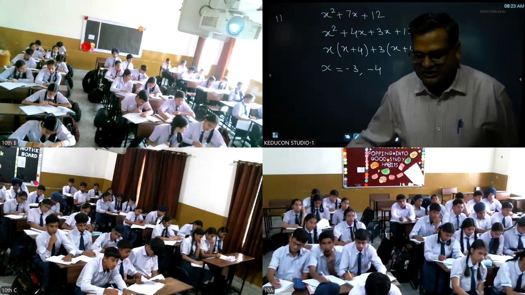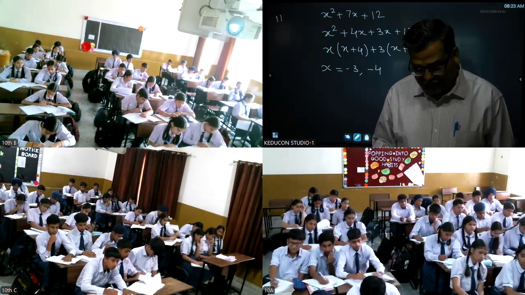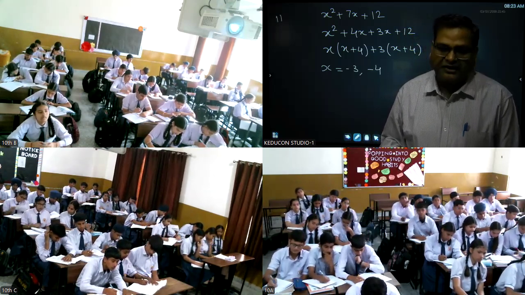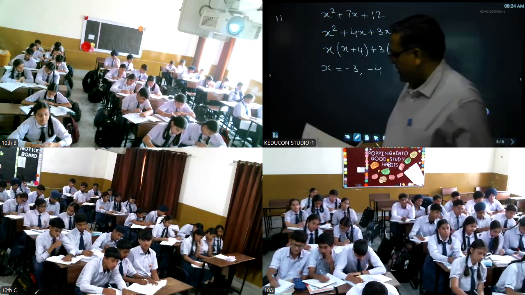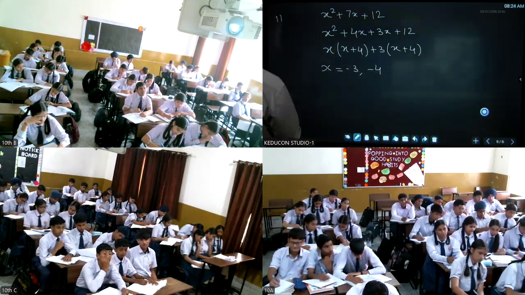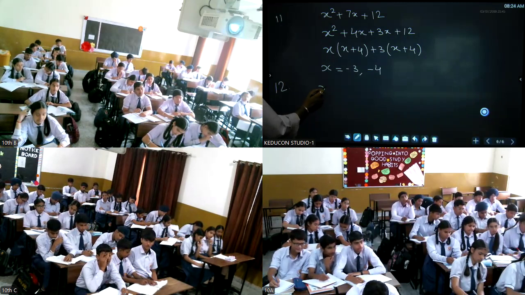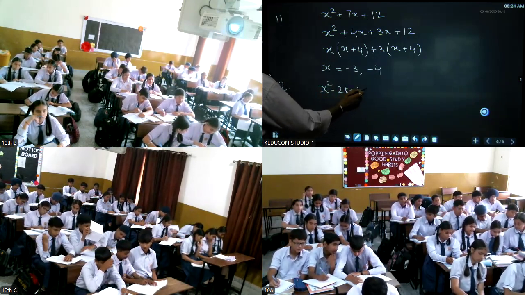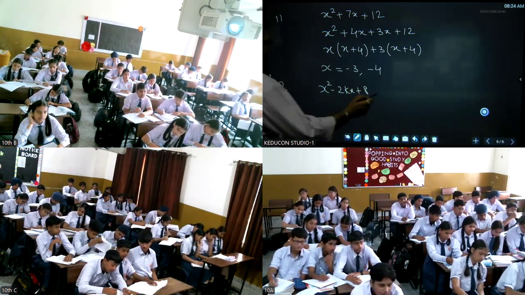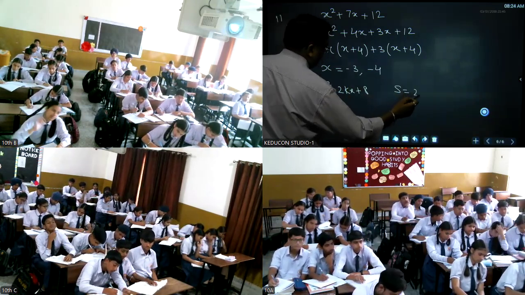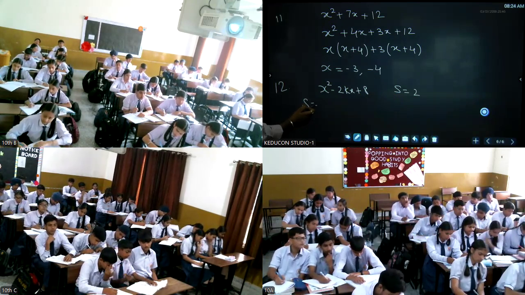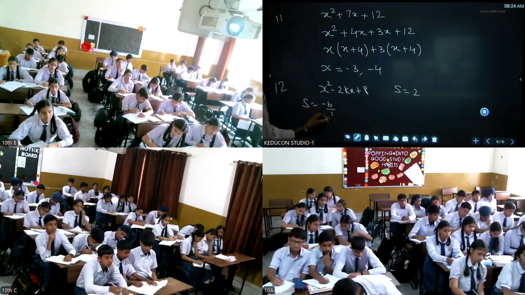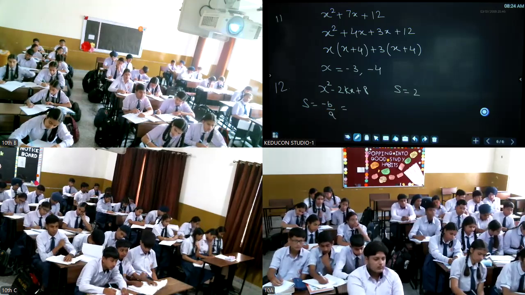Yes. Next, 12th question. If the sum of the zeros of the quadratic polynomial is 2, then the value of k is 1. How to do this question? The polynomial is given. What is given to you? Sum is given. What is the sum? Minus b by a. What is b in this question?